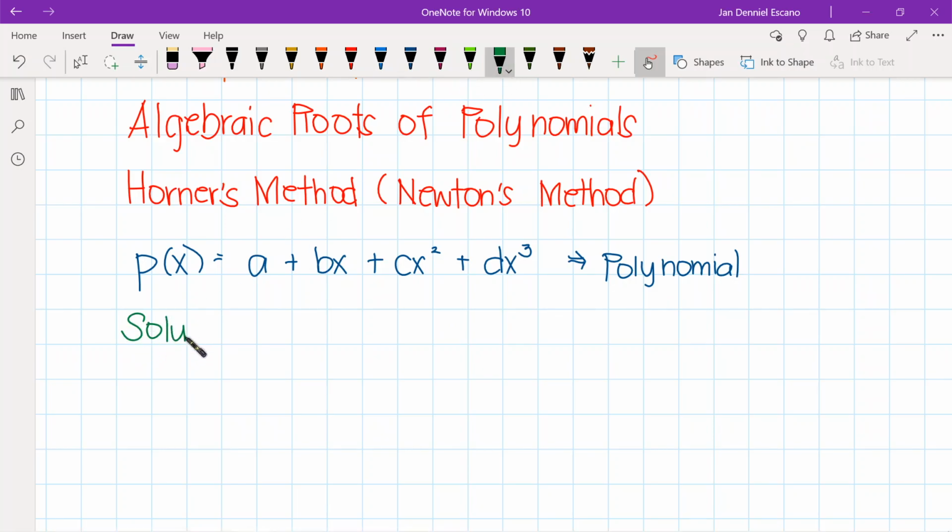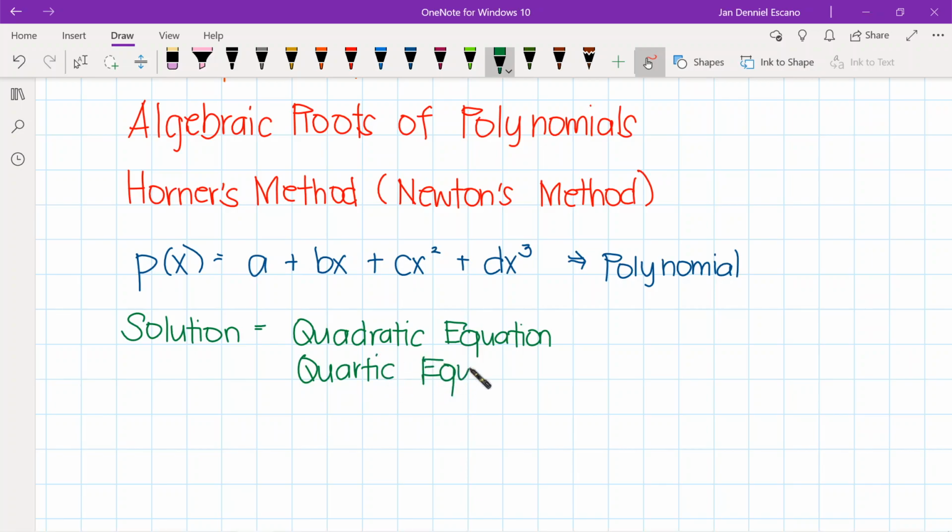In solving for polynomials, we can use the quadratic equation if the polynomial is in quadratic form. We can use a quartic equation.